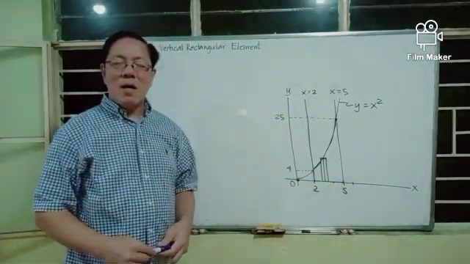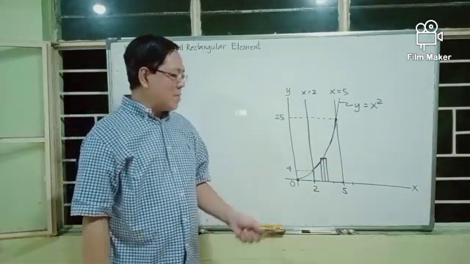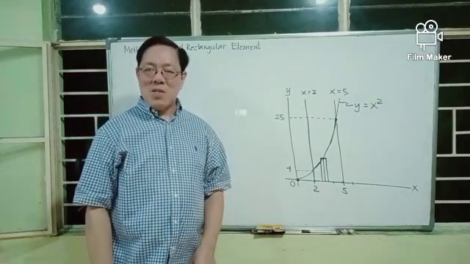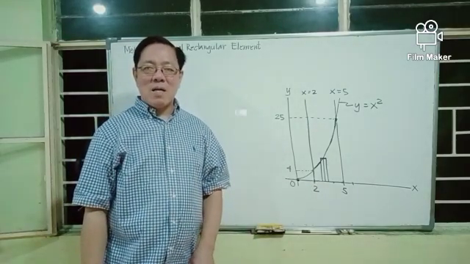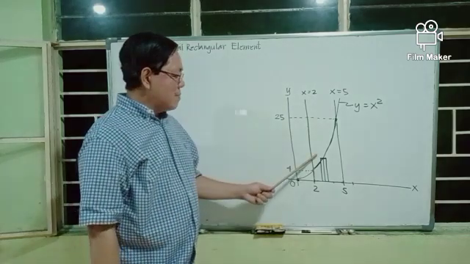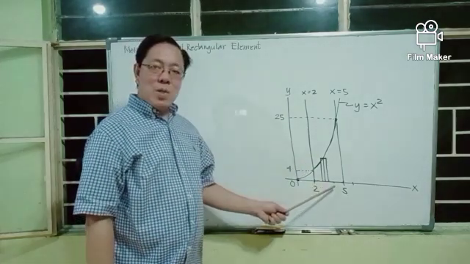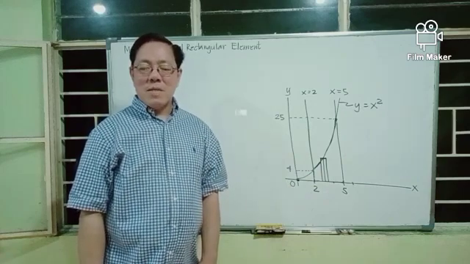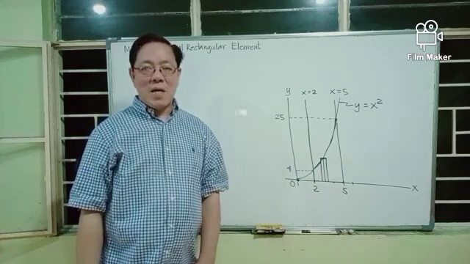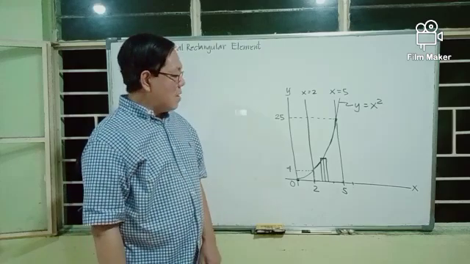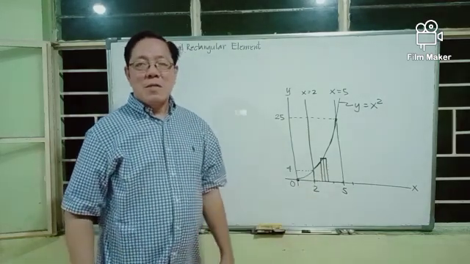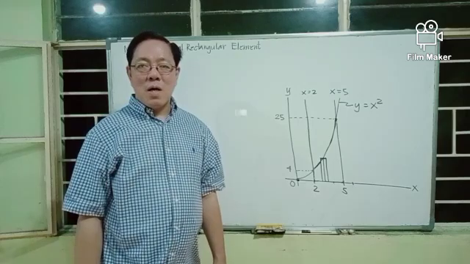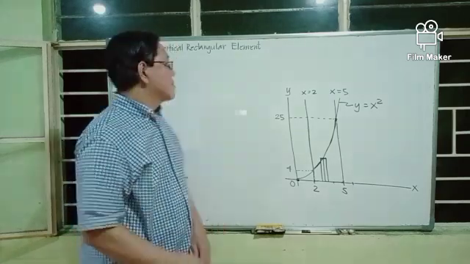And we find the area of this rectangle. From plane geometry, we know that the area of a rectangle is equal to the length multiplied by the width. If you take a vertical rectangular element to find the area of the region, the width is equal to the differential of x.